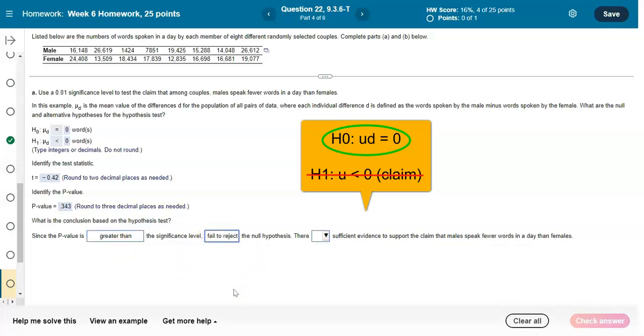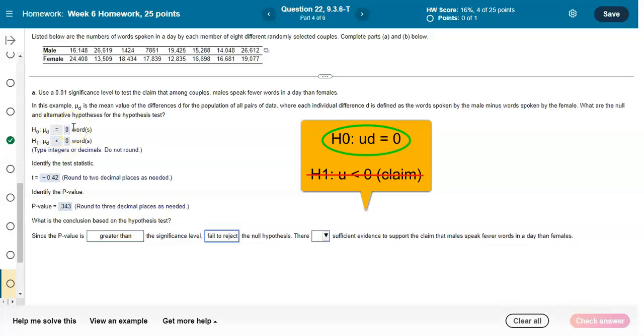Now, what does that mean in practical terms? Well, remember, this was the null hypothesis, and remember we said that this basically meant in English that the men and women are speaking the same number of words. And this second statement in the alternative hypothesis, that was the claim, and that was saying that the men actually speak fewer words than the women. Well, we just decided to fail to reject the null hypothesis.